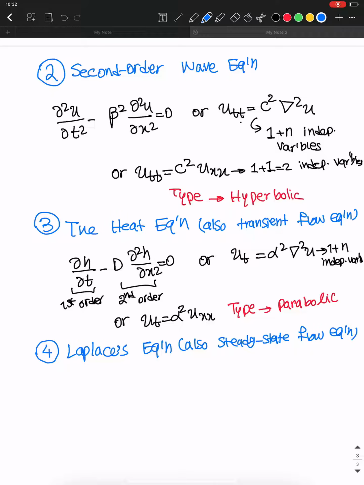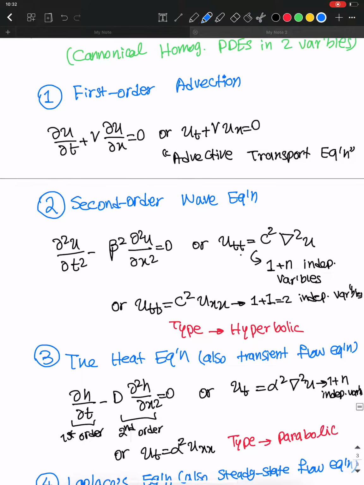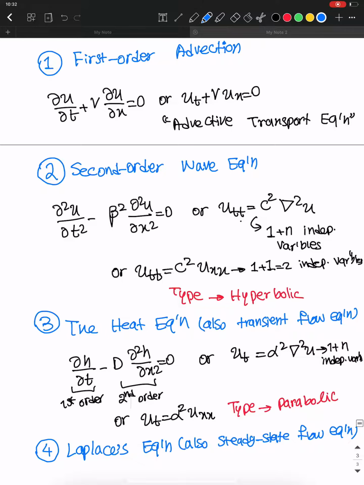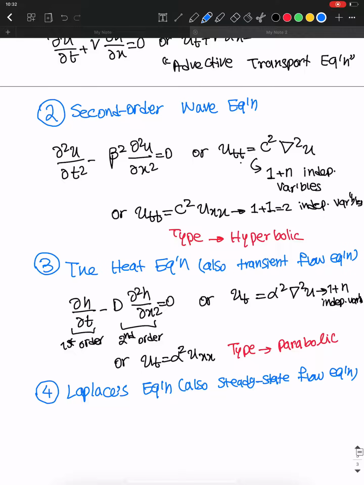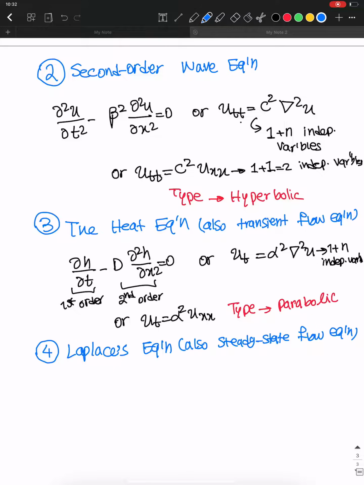All of the previous ones have time dependency, so they are all transient. The third one is known as the transient flow equation, but the last one doesn't have time, it's only in space.